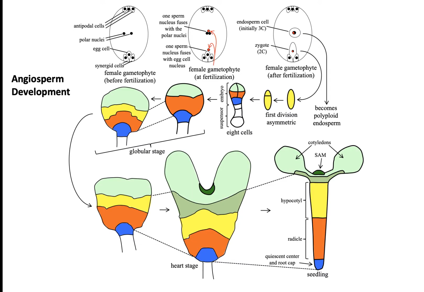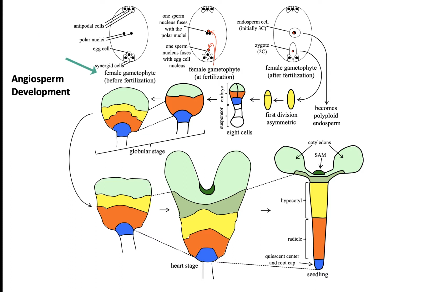The typical angiosperm development, that is flowering plant development, is found, this part is found in the female parts, found in the ovary, which is inside of what's called a carpel, and inside of that is an ovule. Inside of that, you will find the female gametophyte.